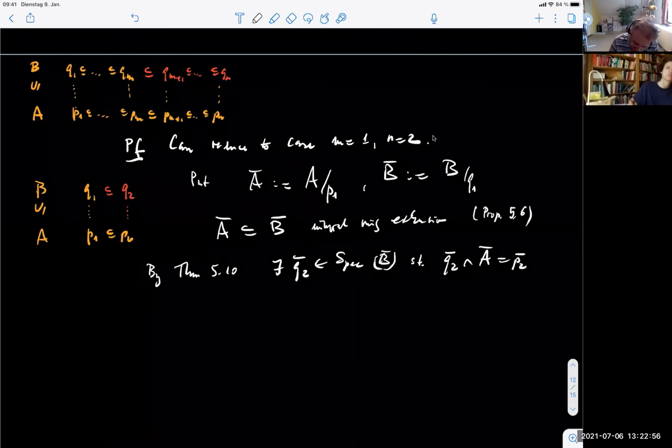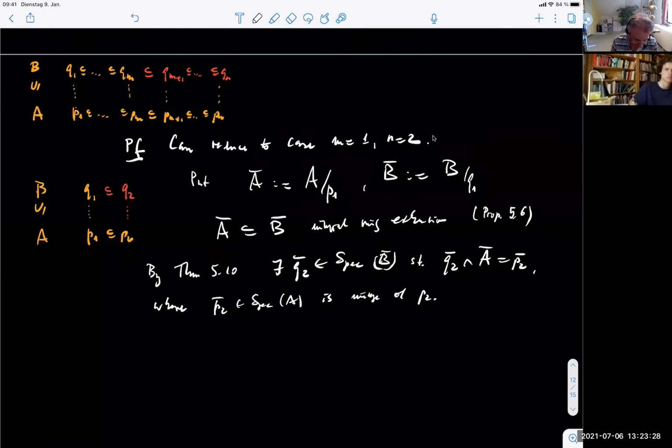Where, maybe I should say where, P2 bar is the image in A bar of P2, for the sake of completeness.